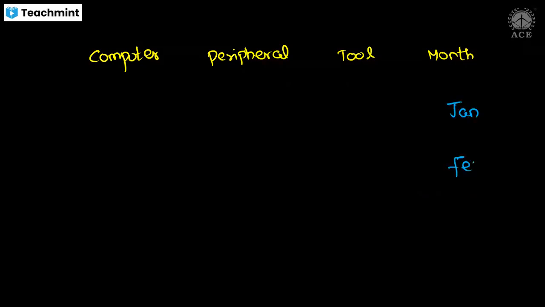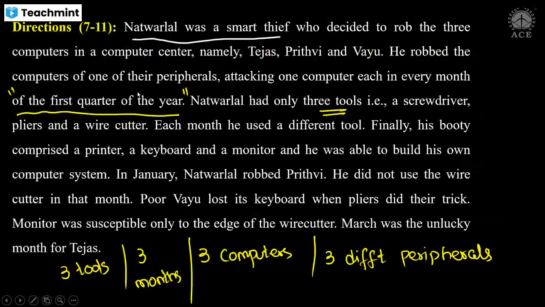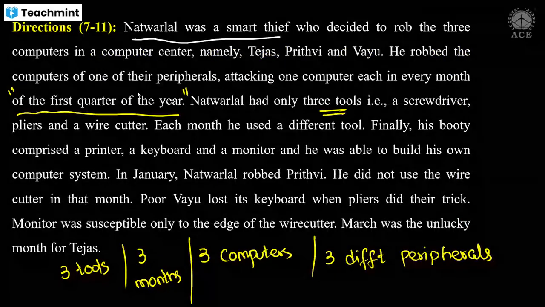I'm writing the months here, or you can write the computers, whichever you can map first, then we can map the data one by one. So I have the months, first quarter: January, February, March. In these 3 months, what tool is used in January, what peripheral is taken in January, from which computer, right? Now here, you just collect the data.